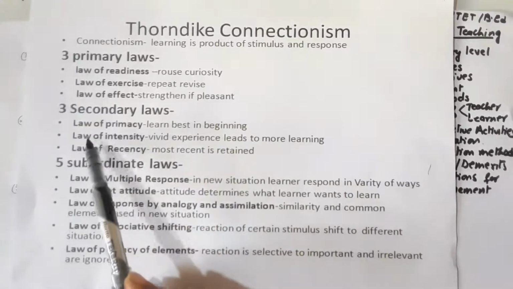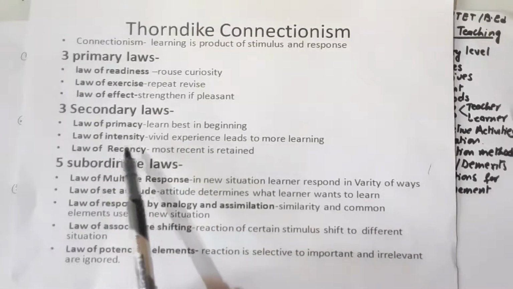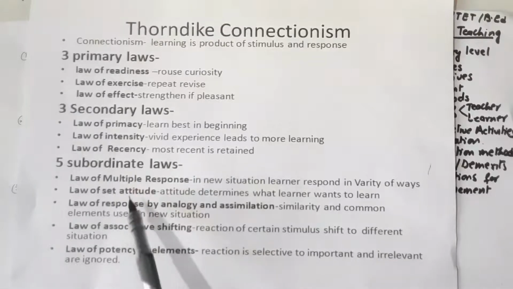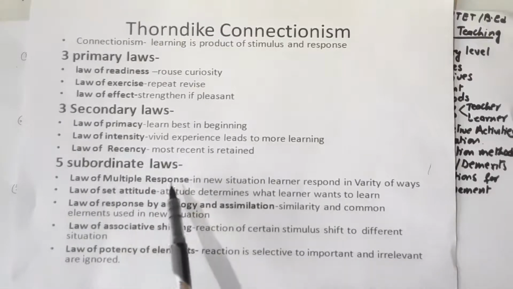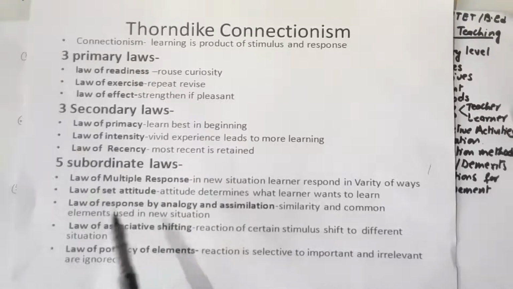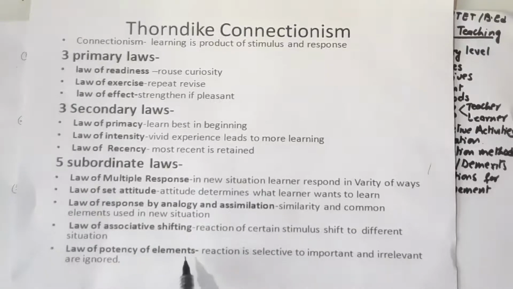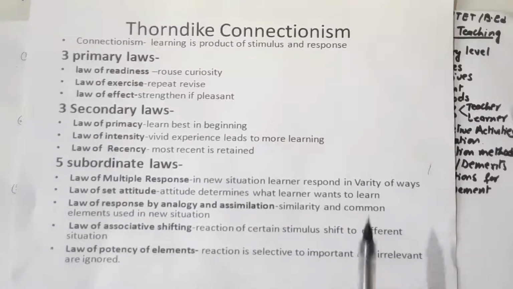The three secondary laws are the law of primacy, law of intensity and law of recency. And five subordinate laws like law of multiple response, law of set attitude, law of response by analogy and assimilation, law of associative shifting, law of potency of elements. All these laws proposed by Thorndike form the theory of connectionism.